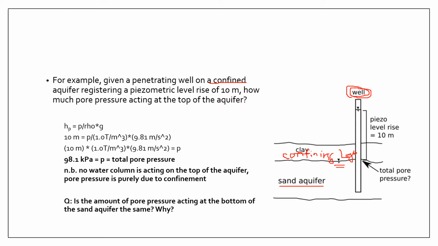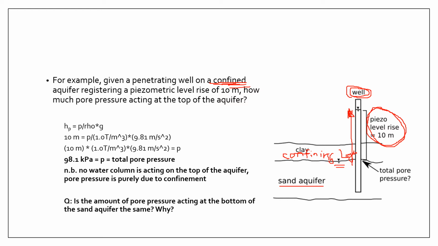Nominally, this was the groundwater level, but upon inserting a piezometer or a well, the water shot up, or went up due to pressure, due to confinement. So the water rose in the piezometer, and we registered a piezo level rise of 10 meters.